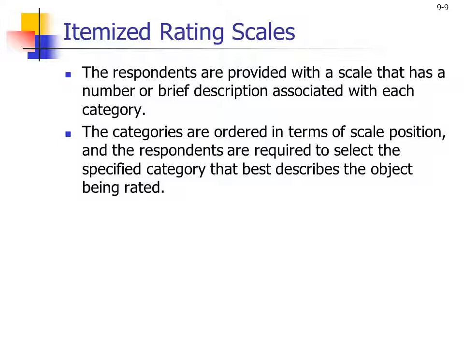The itemized rating scales are widely used in marketing research and form the basic components of more complex scales, such as the multi-item rating scale.